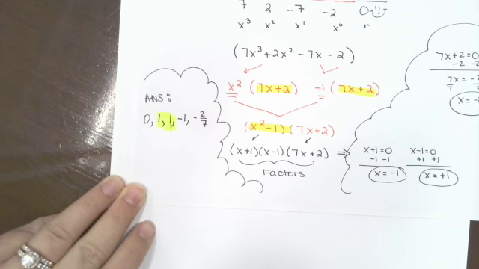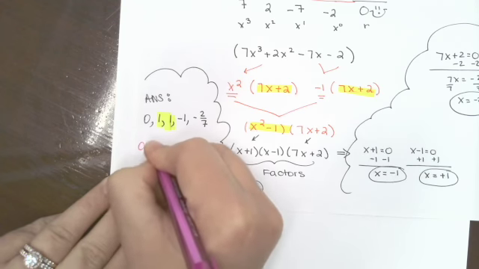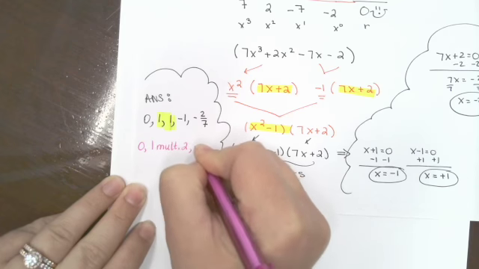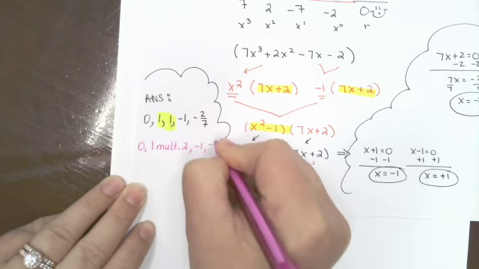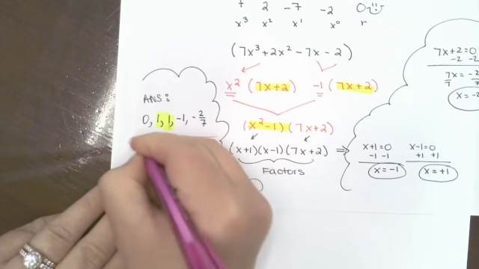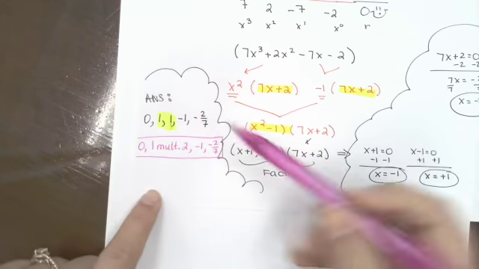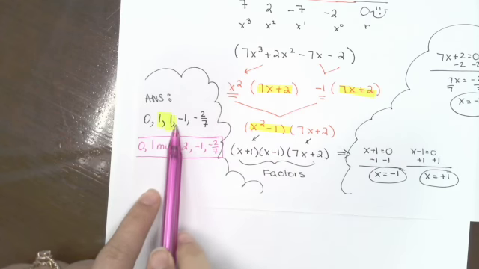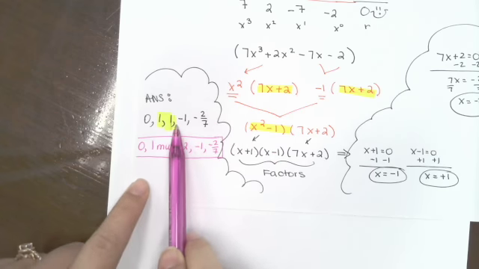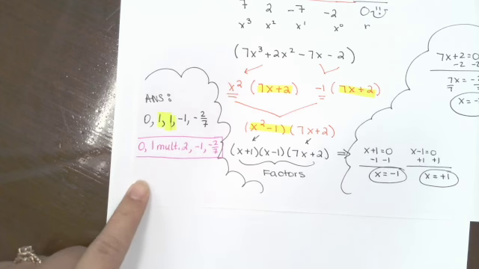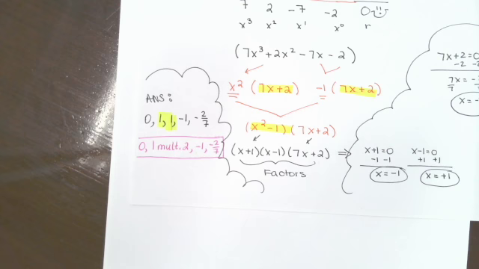So the actual answer is 0, comma, 1 multiplicity, so mult 2, comma, negative 1, comma, and negative 2 sevenths. This stuff right here in the pink, that is the answer. If, however, you listed it out as 2 ones, I did accept that. Even though I did write, like on your page, like it should have been a multiplicity, I did accept you listing out the 2 ones.